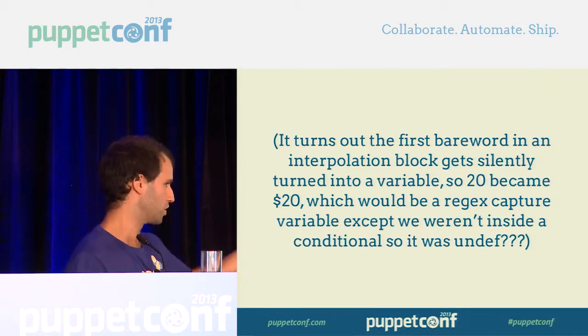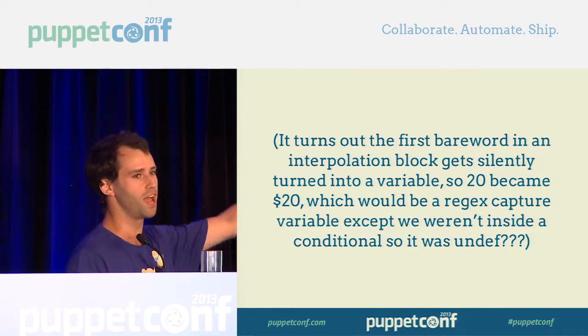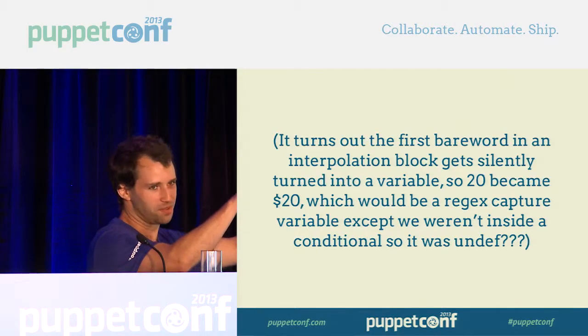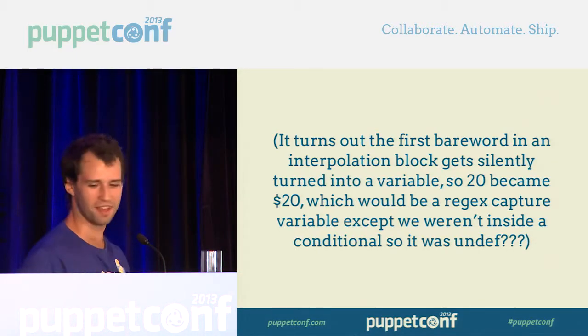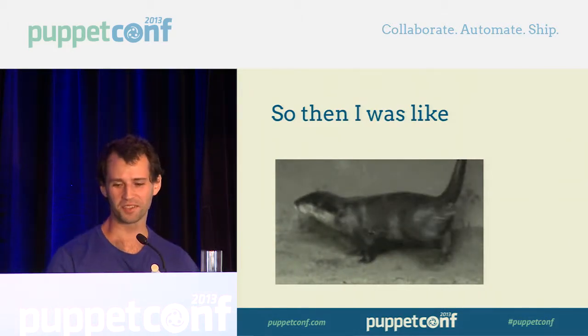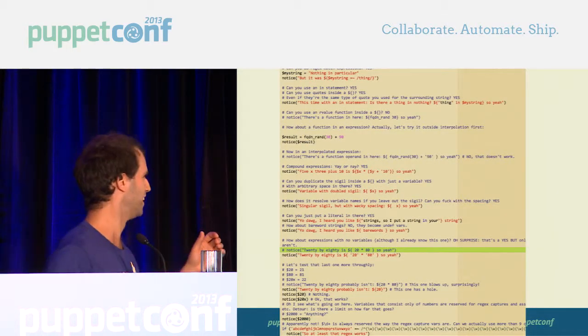Except we weren't inside a conditional, so it was undef. So you're trying to do undef times and then a bare word 20, but the second bare word is still 20 or 80, whatever that was. So that was raring to go, and we went.